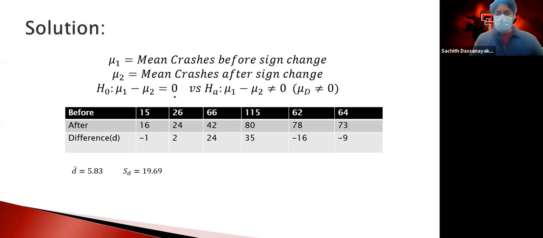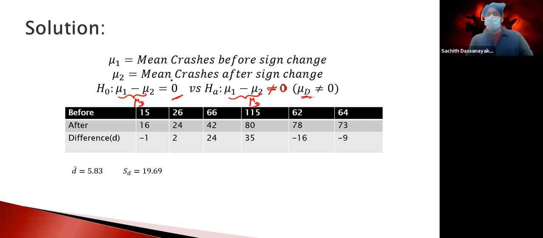Yes, any change. They have mentioned mu1 minus mu2, but simply you can rewrite it as mu d. There can be a change, but they haven't mentioned whether the change is a positive or negative value. We don't know that. It can be any value. That's why it's not equal here, change 0.